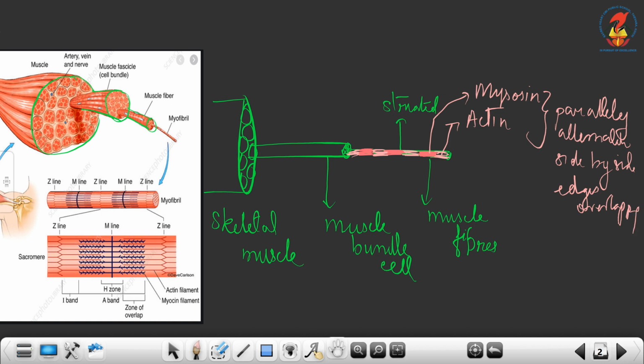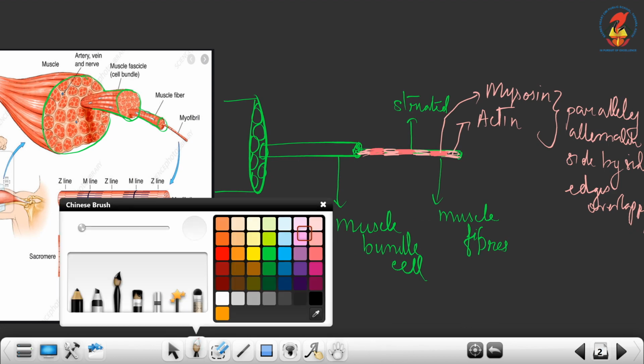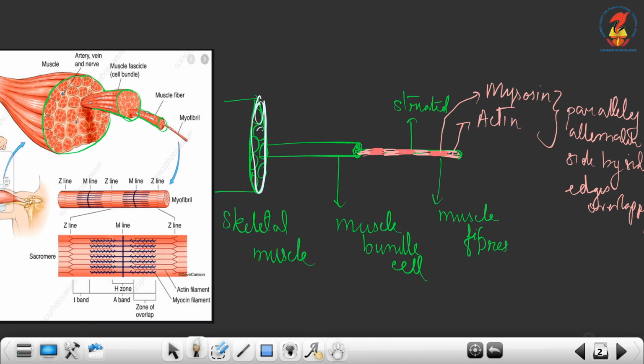So, once again you can see the skeletal muscle, and the same skeletal muscle comprises a number of muscle bundle cells. So, I pulled out one muscle bundle cell, and each muscle bundle cell comprises a number of muscle fibers.